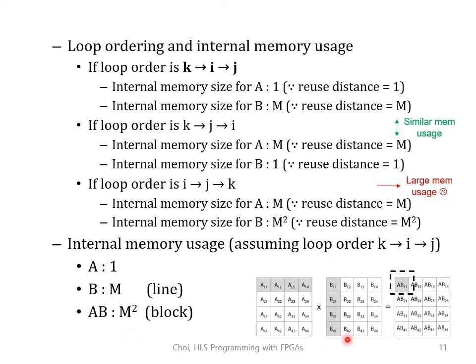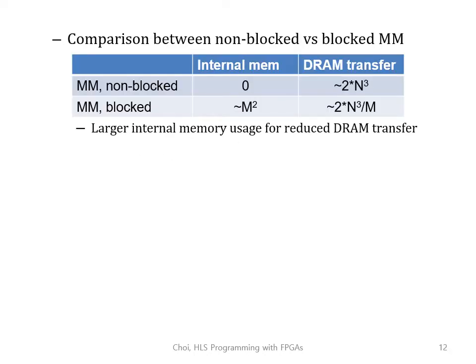Remember that we decided to keep storing AB in the internal memory while fetching just one block of A and one block of B at a time, right? So these loop orderings we just discussed are within a block, and as long as we decide to take the IJK among the blocks, we still need a block for AB. Okay. So now we know what to expect for the internal memory usage.